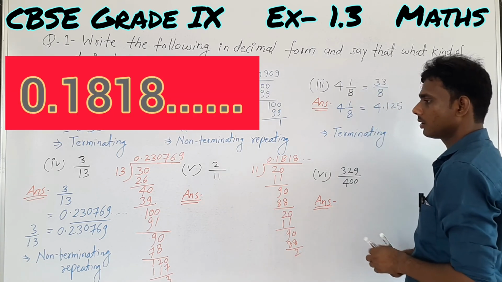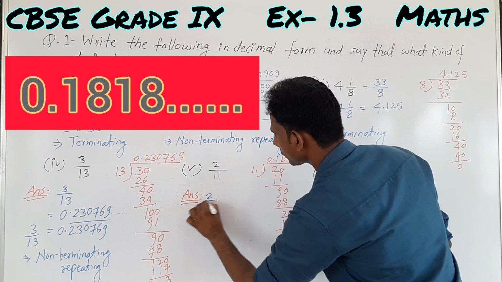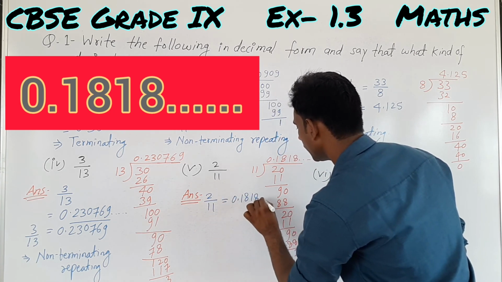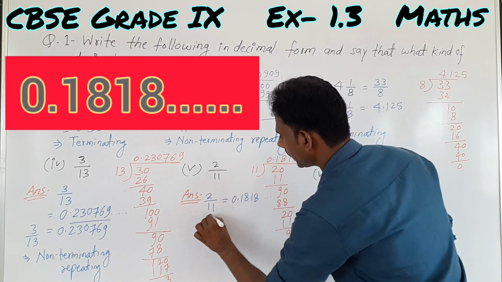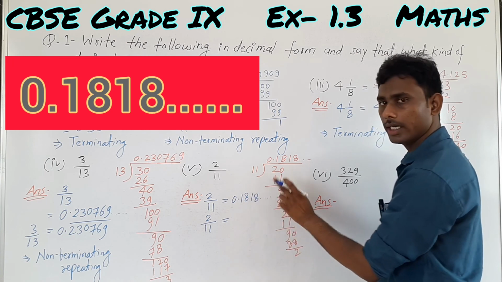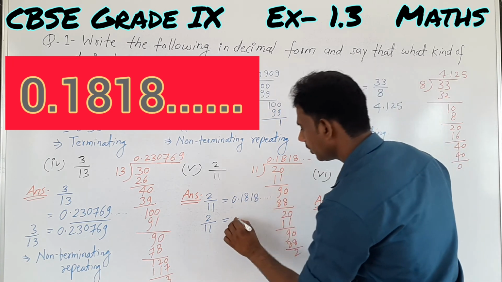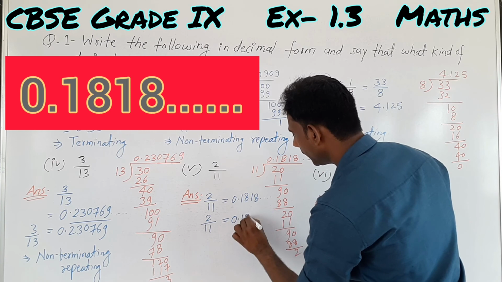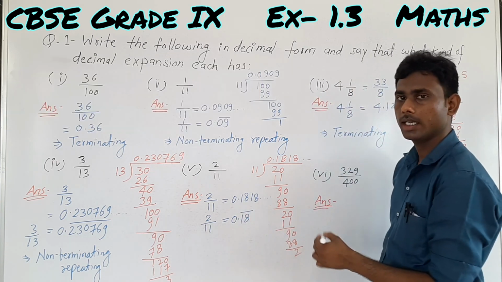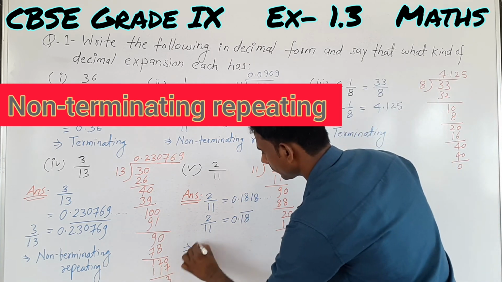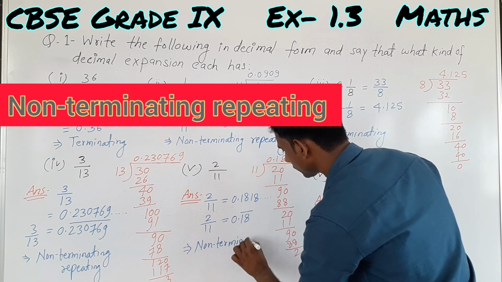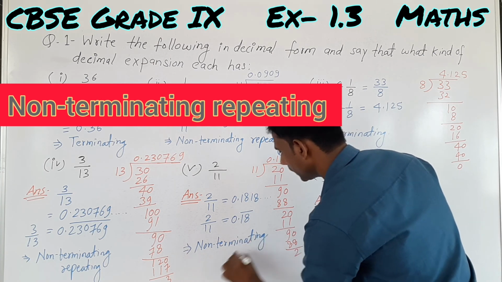It means that 2 upon 11 equals 0.1818 dot dot dot, or we can write 2 upon 11 equal to 0.18 bar, since 2 digits, 18, are repeating. It is non-terminating and repeating.